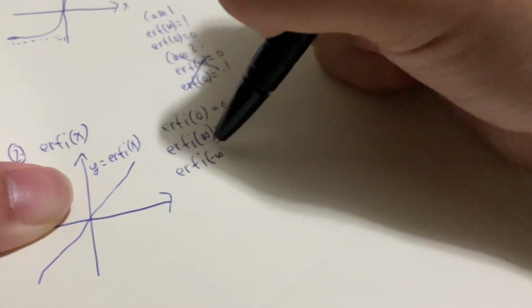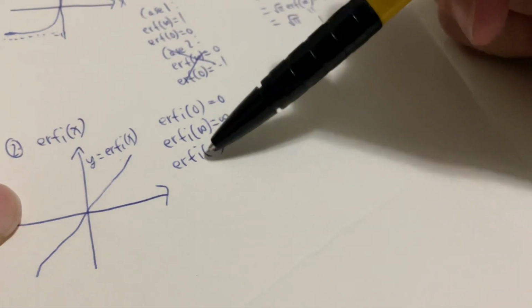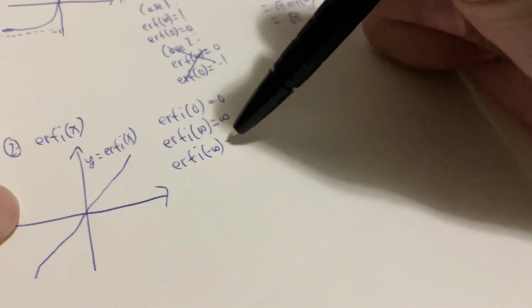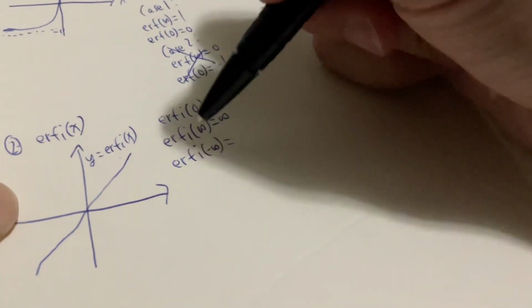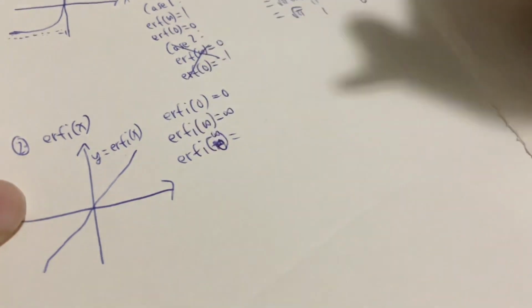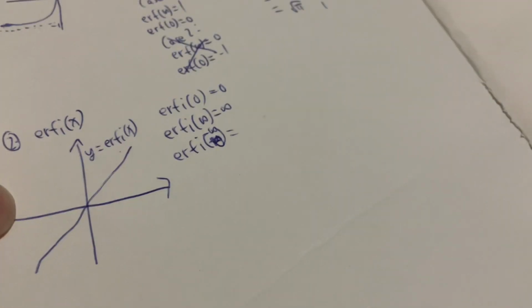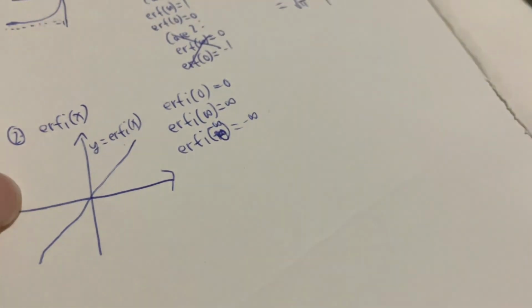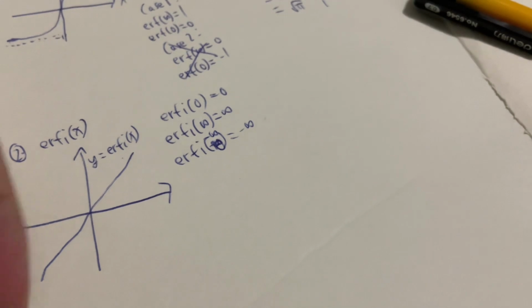So erfi of infinity, pretty much you just get infinity. And erfi of negative infinity, pretty much you can just put the negative outside, so this is negative infinity, approaches negative infinity.